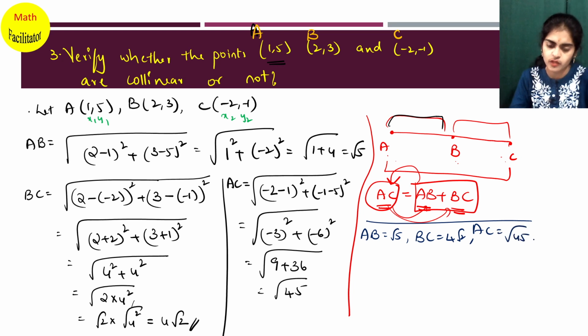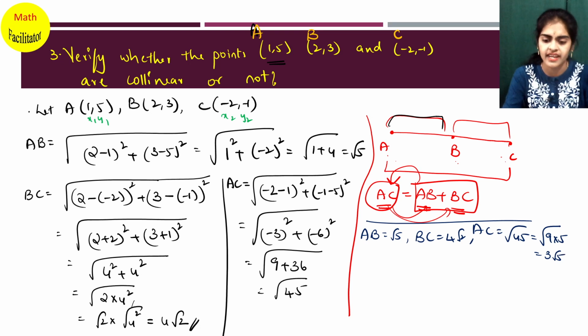Root 45 you can write as 9 fives, 45. So 9 I can write as 3 root 5, isn't it? So root 45 I can write this way. So this is root 5, this is 4 root 2, this is 3 root 5.